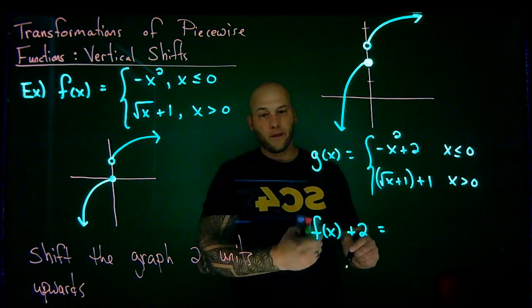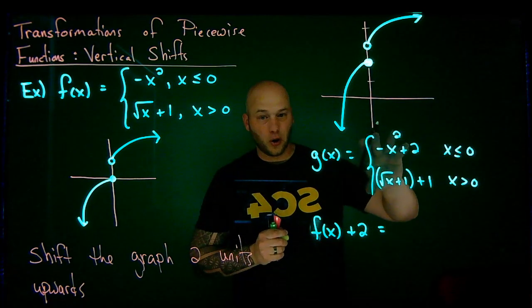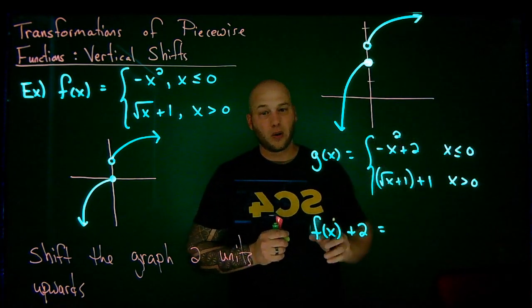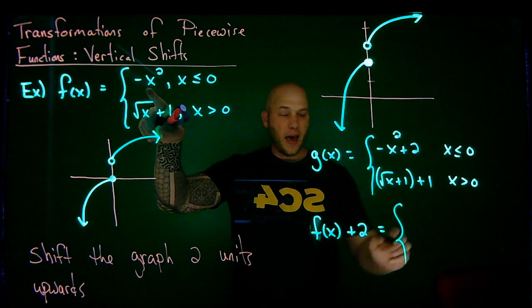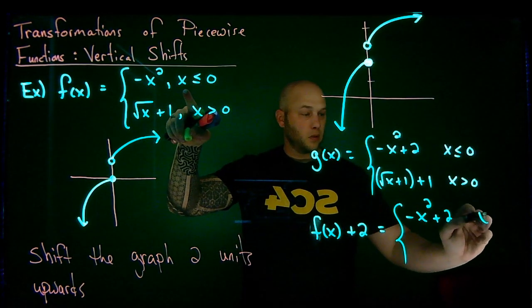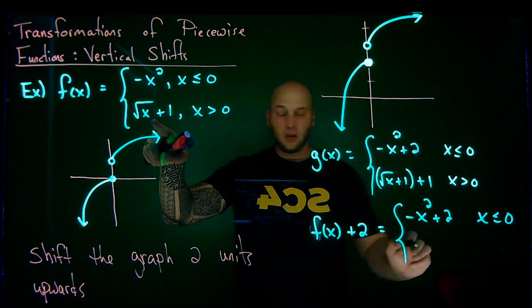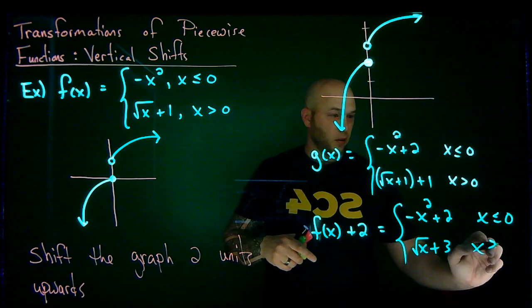If I'm doing a vertical transformation, that is only affecting the vertical information, not the horizontal information. That means that for f of x plus 2, I'm simply going to add 2 to each expression. And add 2 here, that would give me root x plus 3 when x is greater than 0.